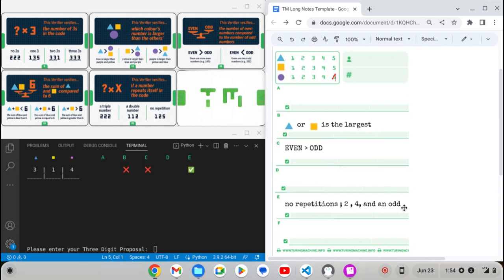If it is an odd, it could be a 5 that's the largest. Otherwise, the 4 would be the largest. So it might be that 4 is the largest, and then you're basically only having to consider whether 1 or 3 is the odd.